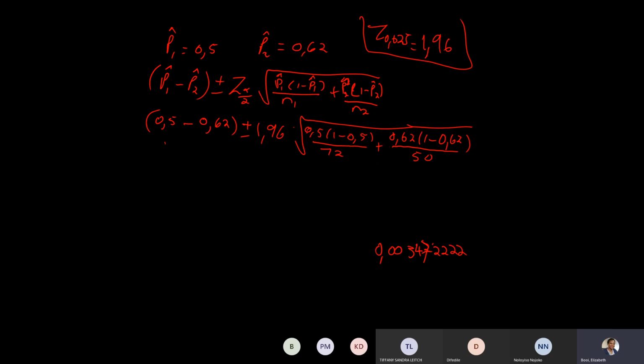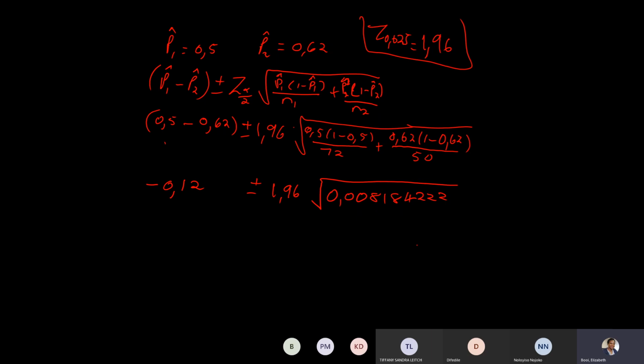And I need to add 0.003472 equals, and this gives me the square root of 0.008184 times 1.96 plus or minus, and I can do the same, 0.5 minus 0.62 equals minus 0.12.